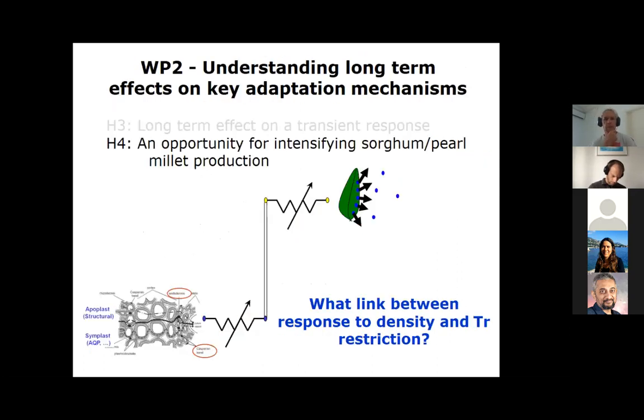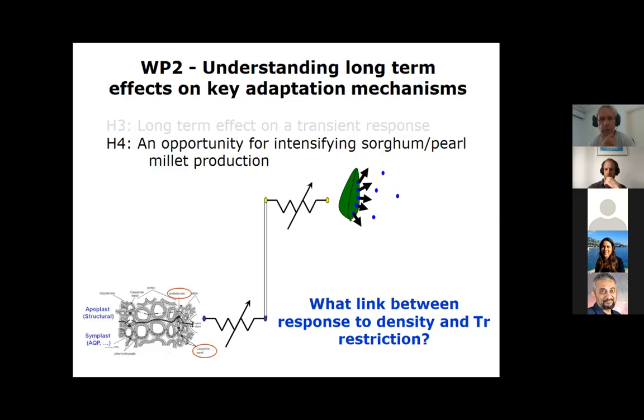The second part of that second work package is related to another aspect of the project, because the project is about water saving, and one of the things that is also a potential water saver is if we intensify cropping. We tend to have the soil less exposed to radiation, so we have a chance to save water.